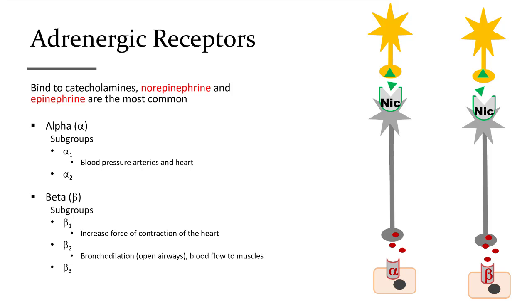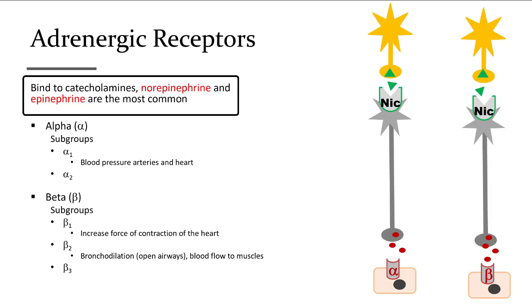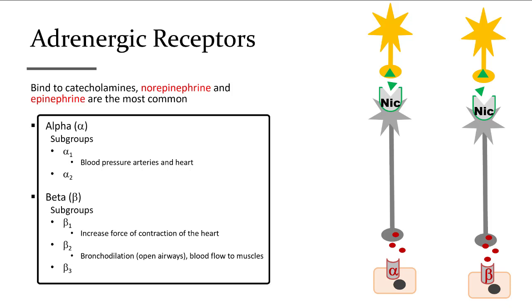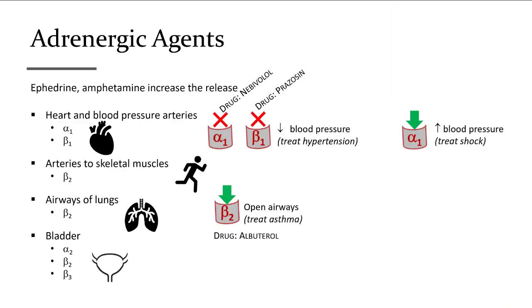Adrenergic receptors respond to norepinephrine and epinephrine, which are also known as noradrenaline and adrenaline. So we have the subgroups alpha and beta, and they have further subgroups 1, 2, and so on, so they can be compartmentalized. For instance, alpha 1 is more for arteries, while beta 1 is contraction in the musculature of the heart.